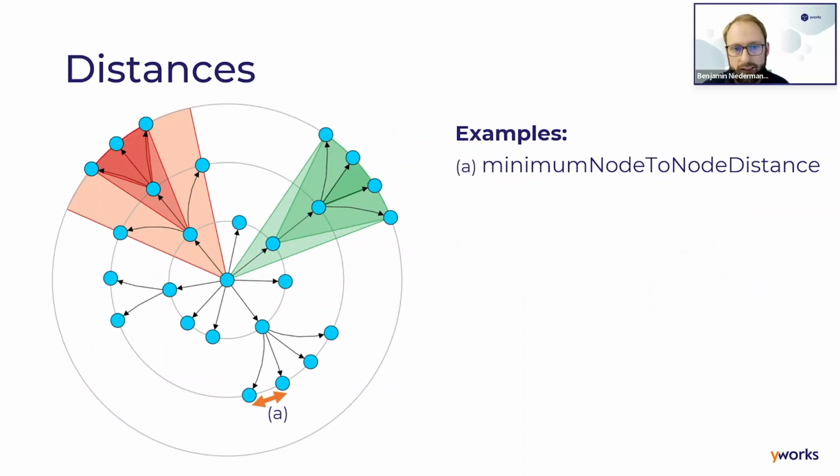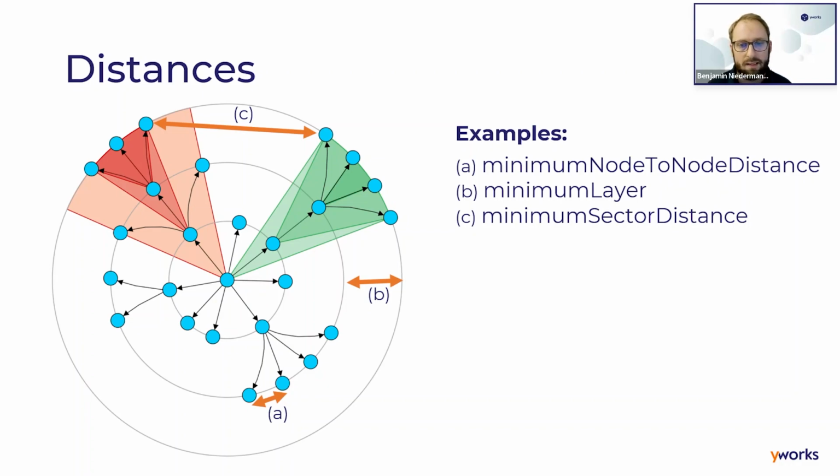And then finally, I also would like to mention the distances that you can use to customize your layout. Of course, there are some minimum node-to-node distances. Here, the minimum node-to-node distance refers to the distance between nodes on a common concentric circle. Then you can also define the minimum layer distance. So here you can say that the distance between these two layers should be at least a certain number of pixels, and then this is enforced for every one of these layers.